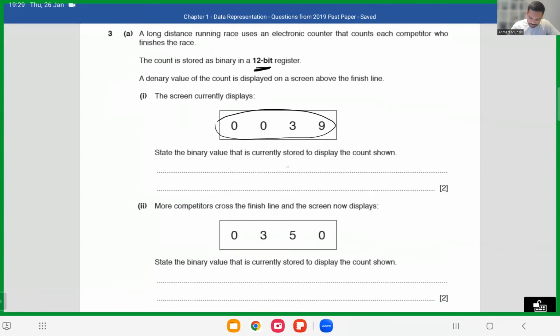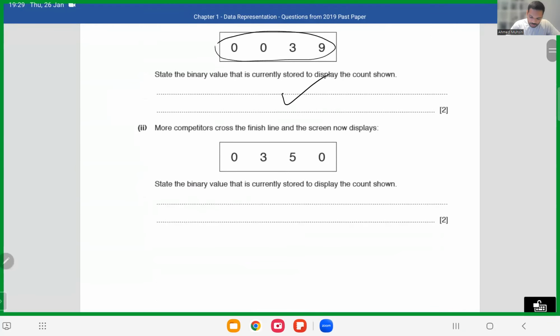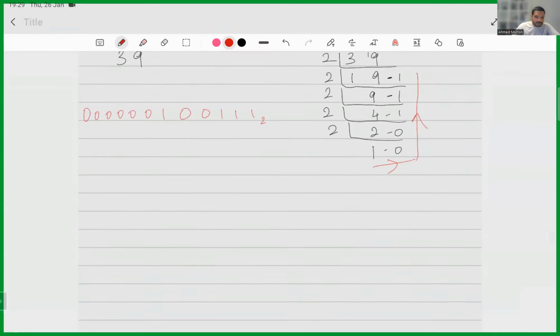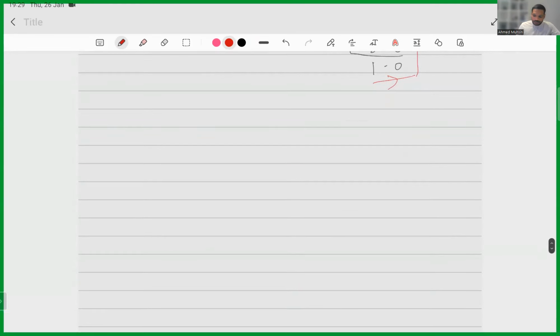So this is done. The next question says more competitors cross the line and the screen now displays 350. State the binary value that is currently stored to display the count shown. So again, this value of 350 has to be converted into binary format. I'm sure you guys can do it on your own, but I'm also just going to do it over here and show you all.